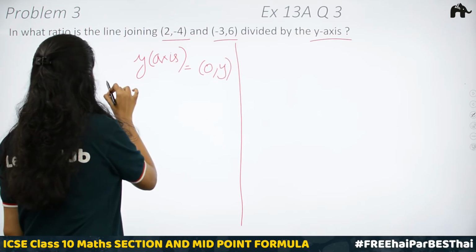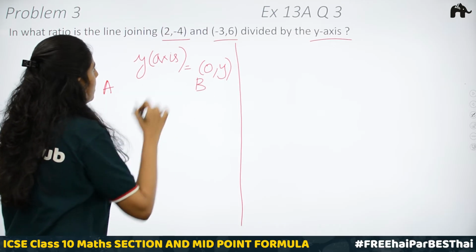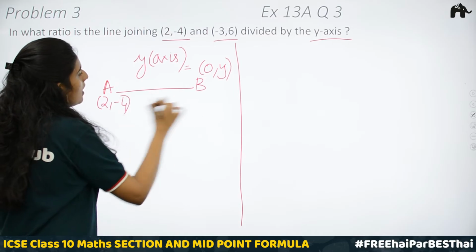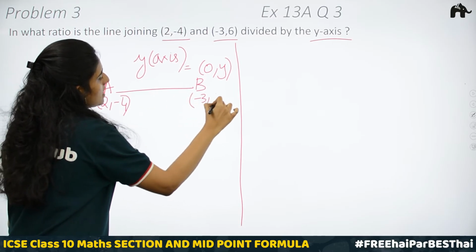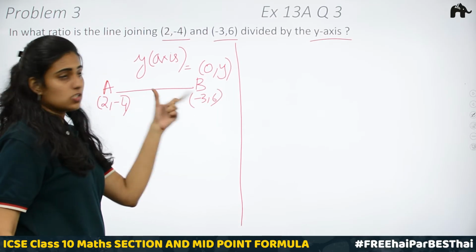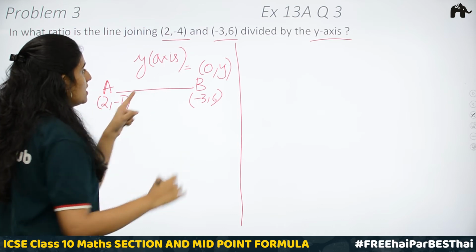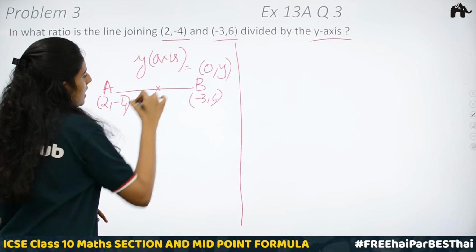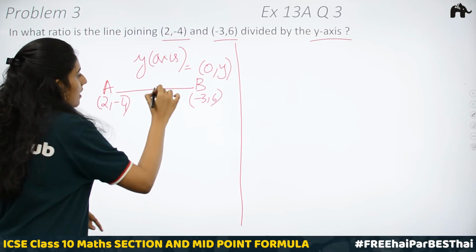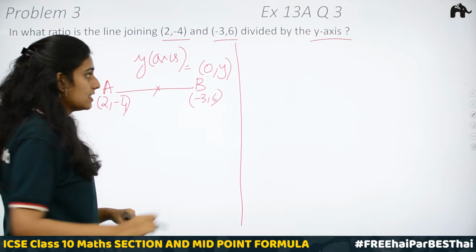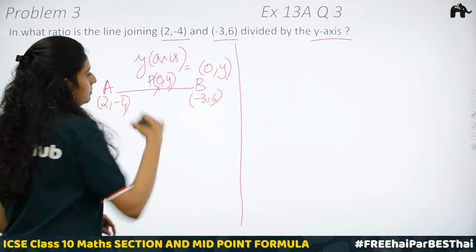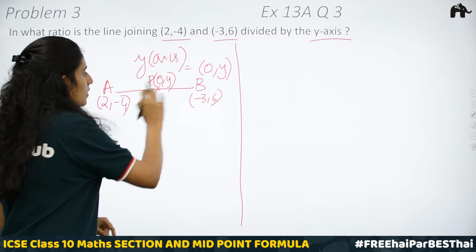Now, the points A and B. A coordinates are 2, -4 and B coordinates -3, 6. These 2 points are joined with a line which is intersected or divided by the y-axis. Let us take this point as a point on the y-axis, P, and the coordinates are 0, y.